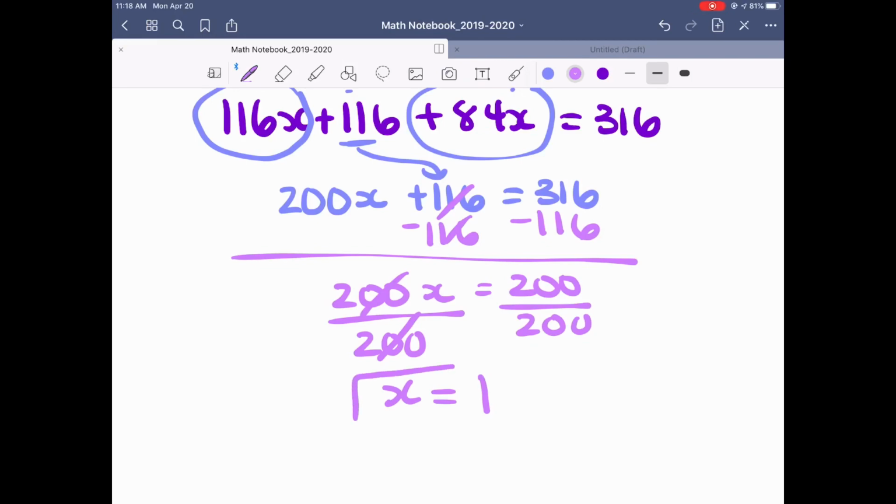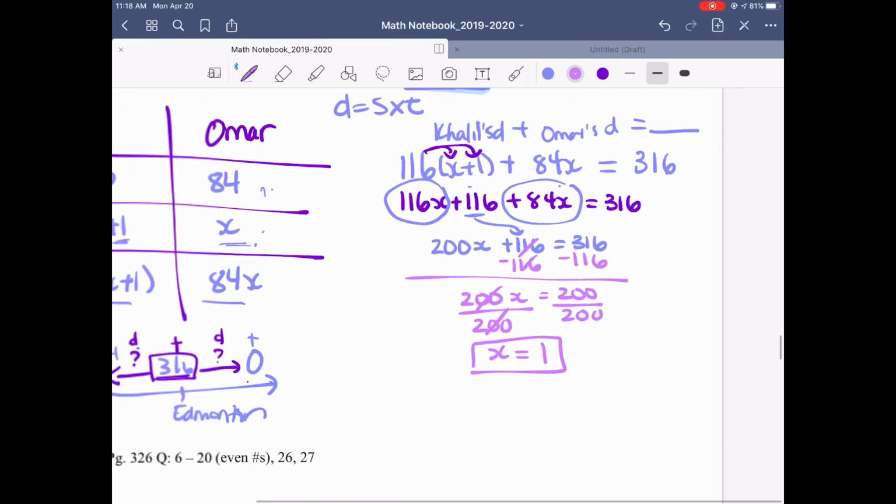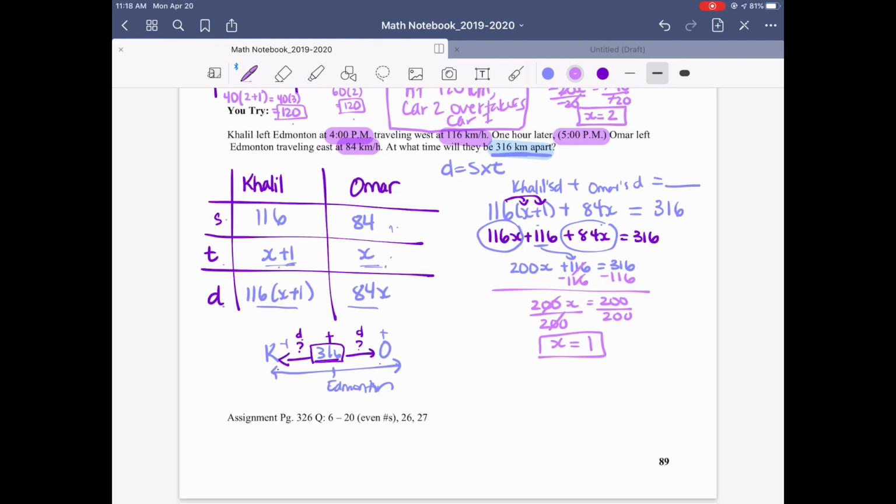Now, what does this x equals 1 mean? We're going to go back to this. What did I make x equal to? Well, I made that equal to Omar's time. So at Omar's time, x will be equal to 1.